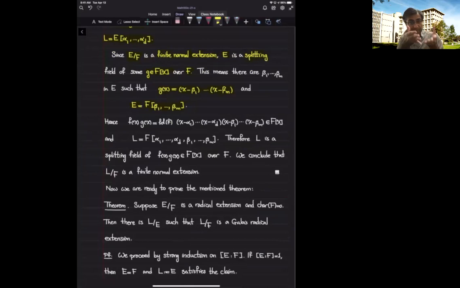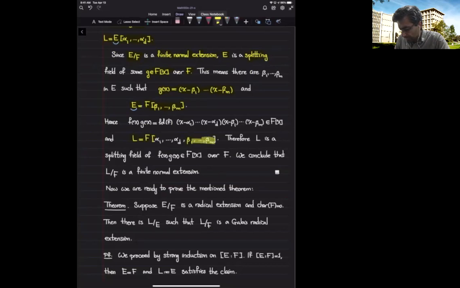L is generated by E and the alpha i's. So this means that instead of this E over here, I can use this E over here. I can generate it using F and the beta i's. So that means L is generated by F and the beta i's.